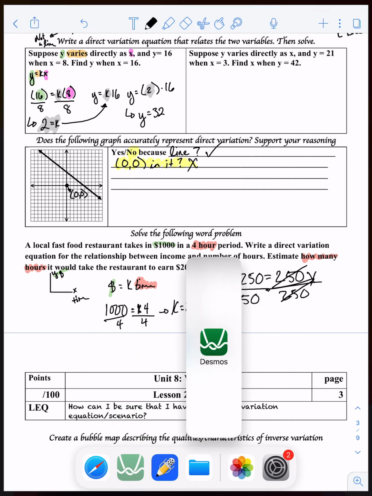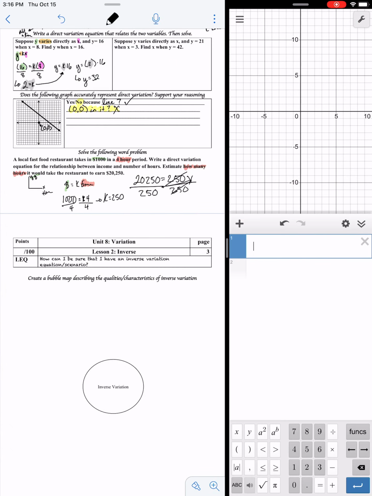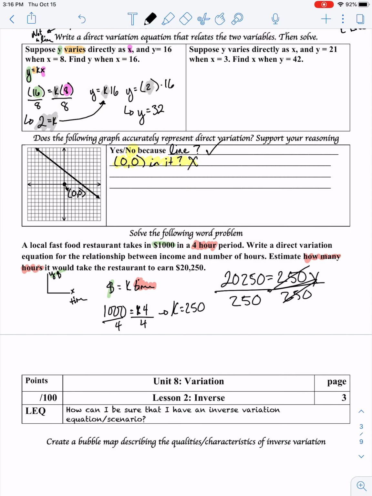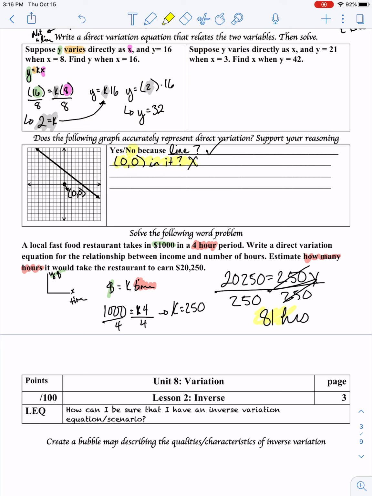And x is going to be in hours. I get 81. So after 81 hours, you can expect to have $20,250.